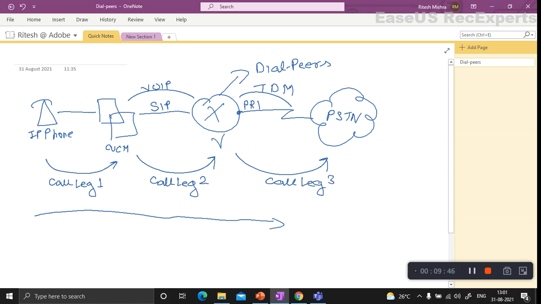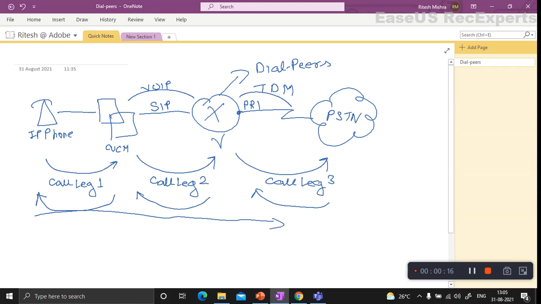In case of an incoming call, the direction will be this: from PSTN to the voice gateway, from voice gateway to the call manager, and then the third leg would be between call manager and IP phone. So do not confuse this with RTP establishment.